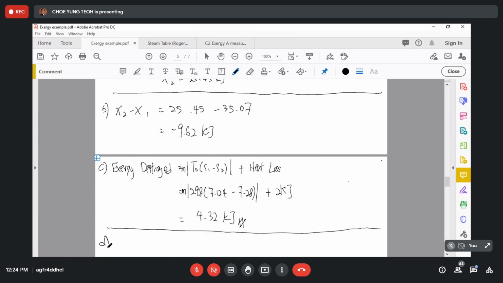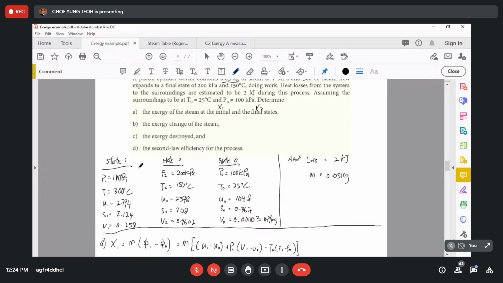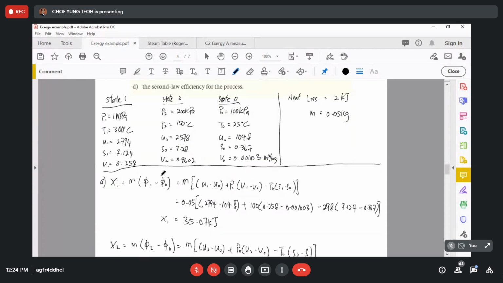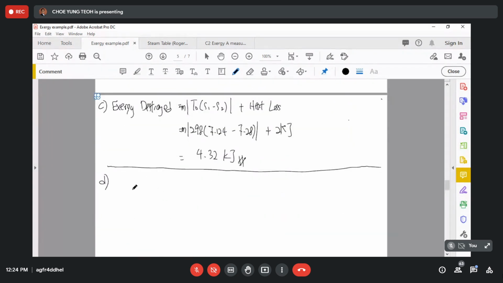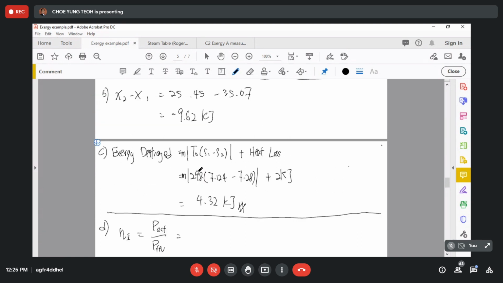And the last part, second law efficiency. So again, we're doing the same thing. Second law efficiency, P actual over P reversible. So P actual, I don't know. But I know that exergy destroyed is 4.32, and exergy change is 9.62.